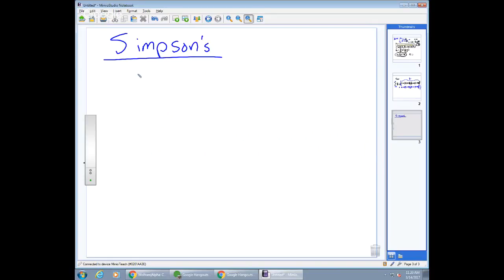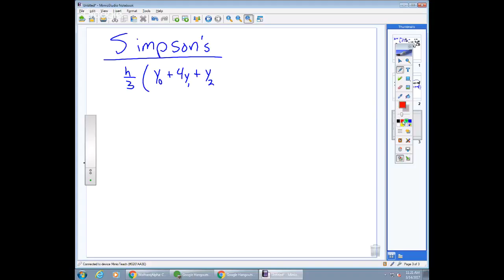And so with Simpsons Rule, we need to add up a bunch of y values, and they're grouped as follows. It's always y0 plus 4y1 plus y2. Then we pick up again where y2 on the edge of y2. So I need a different color. Let's go with red.